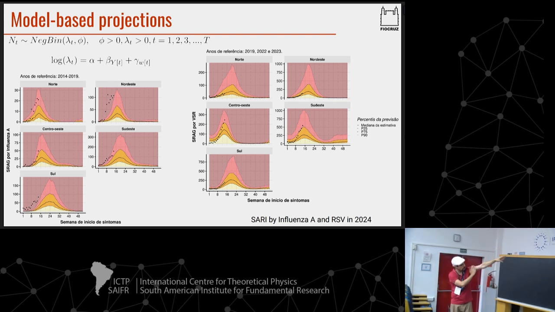The bottom left corner here is the comparison between what is going on in terms of influenza A positive SARI cases and the endemic channel associated with those cases.